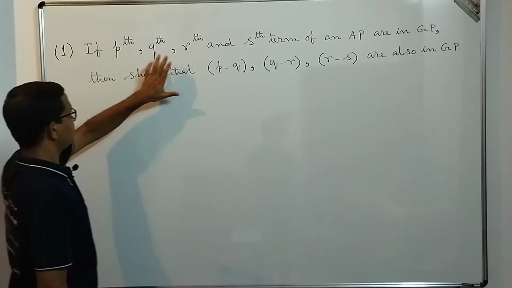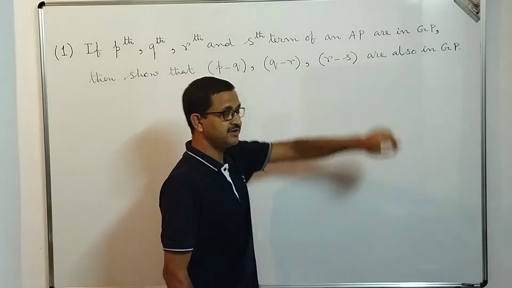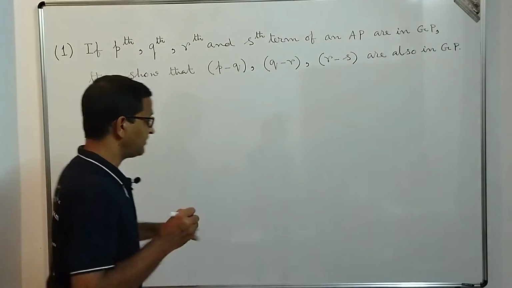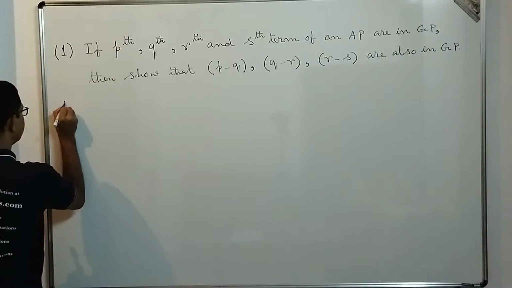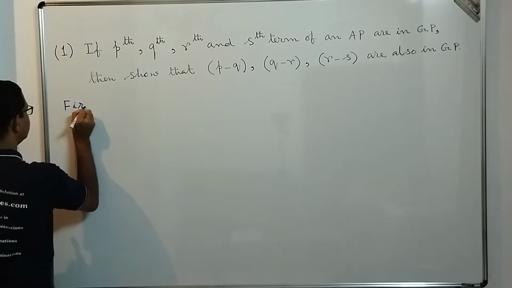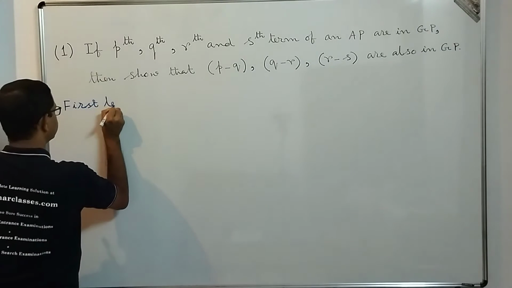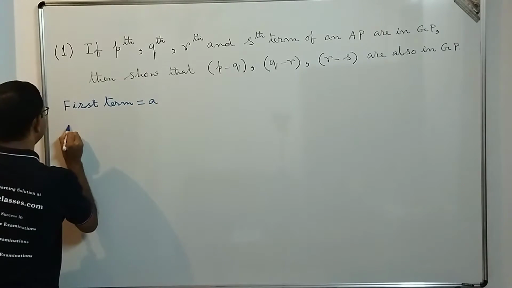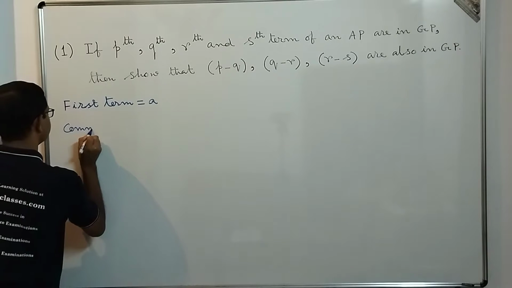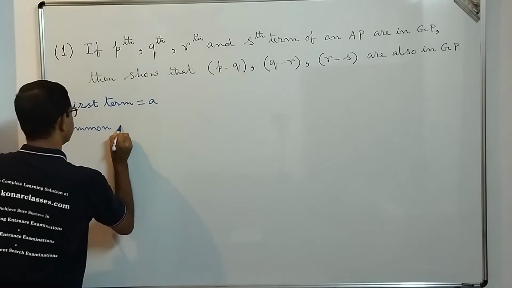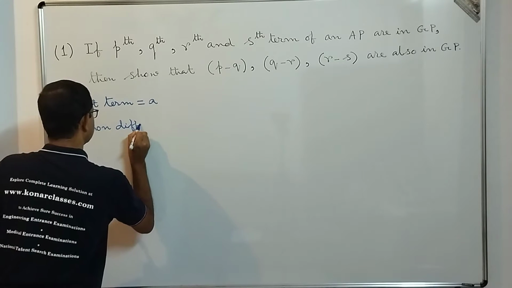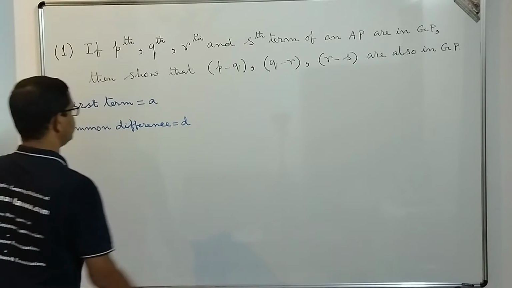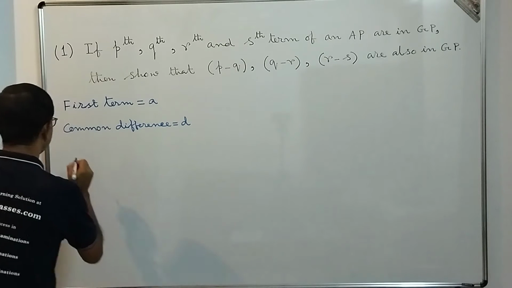The pth, qth, rth and sth term of an AP are in GP. So for this AP, let us assume the first term is equal to A and the common difference is equal to D. Then what is the pth term?